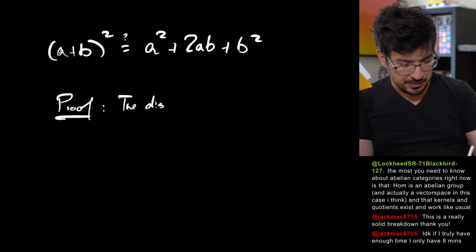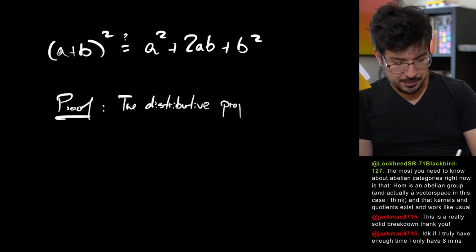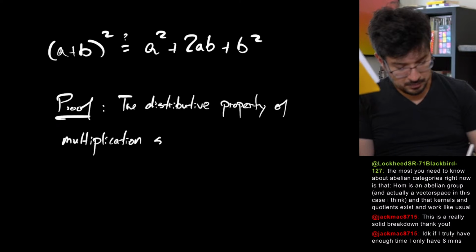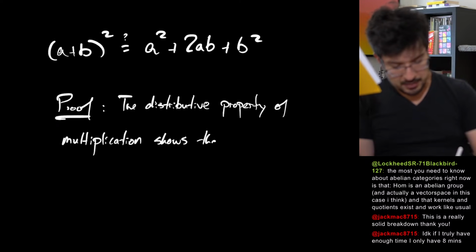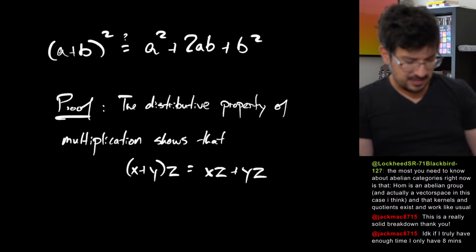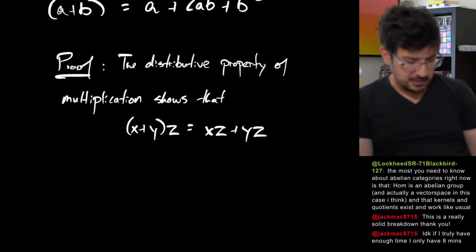The distributive property of multiplication shows that, I'm going to switch to X, Y, and Z. This is the distributive property, technically on the right, but that's for some reason how I like to think of this one.